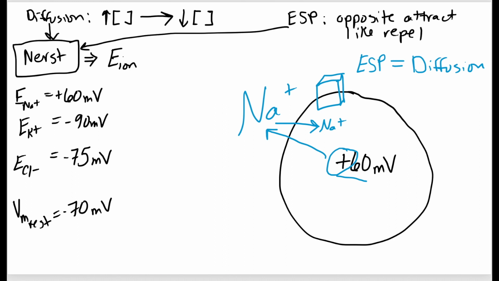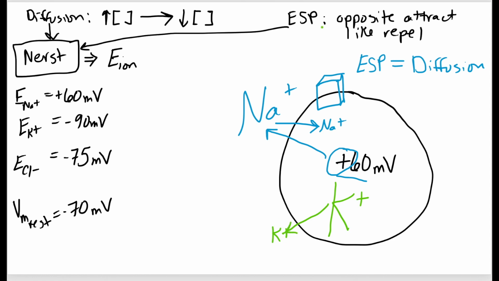Now let's take a look at what happens for potassium if the cell is at plus 60 millivolts. We have more potassium inside the cell than outside the cell. Based on diffusion, we're going to want to move from a high to a low concentration.